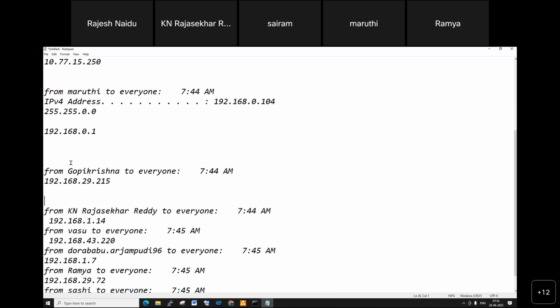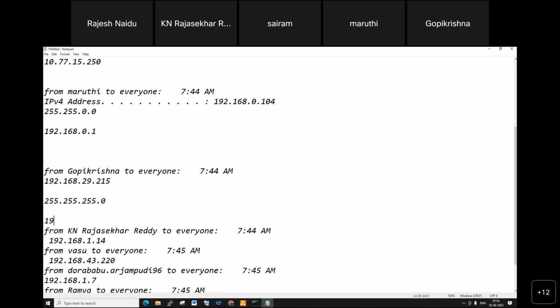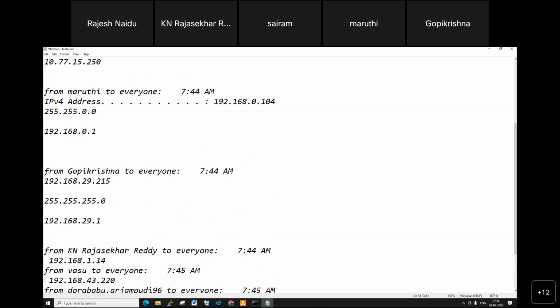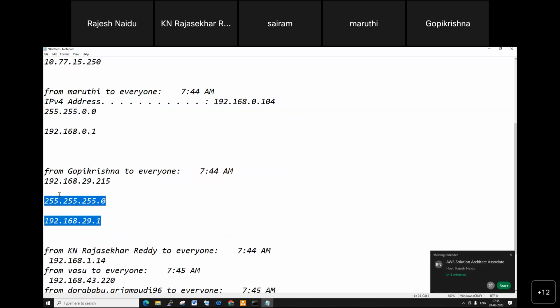Which one is correct? 255.255.255.0. Right. Because based on your IP address, three 255s will be there. So then your gateway address will be 192.168.29.1. Is that correct? Correct. So how am I telling that? This is your home router. I'm sitting at my home.